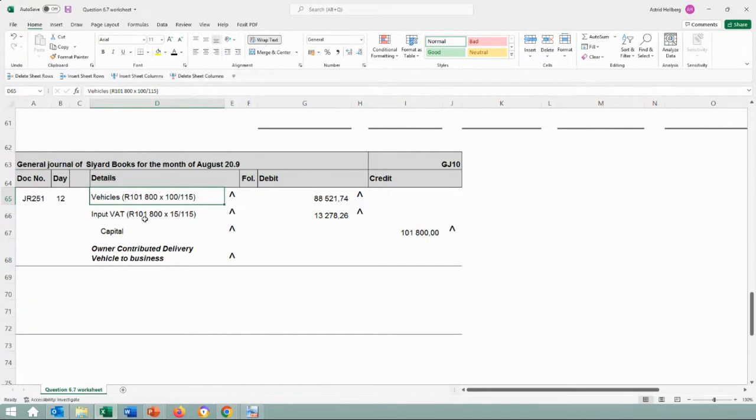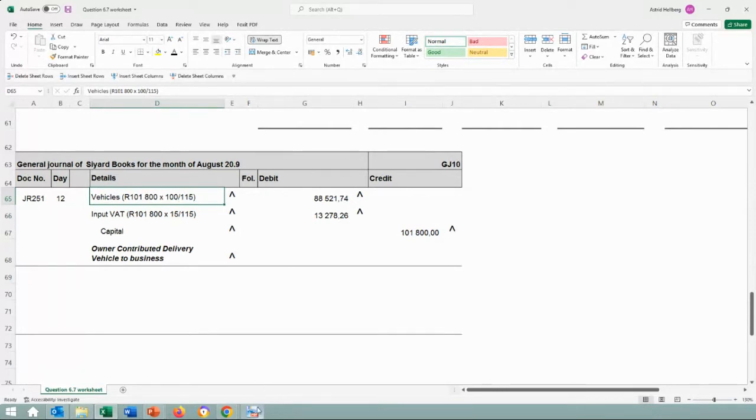And your input VAT would be 101,800 times 15 over 115, which will give you 13,278 Rand and 26 cents. And then your description, which you would also receive a mark for, is: owner contributed a delivery vehicle to the business. So for this reason, because it was a vehicle and not cash, it will always go to your general journal, because a vehicle does not fit into cash or credit.